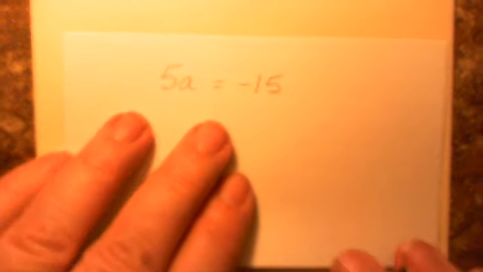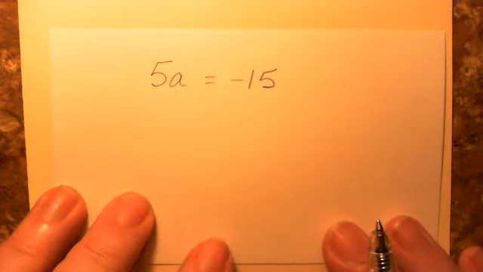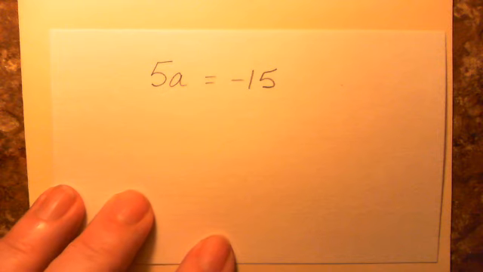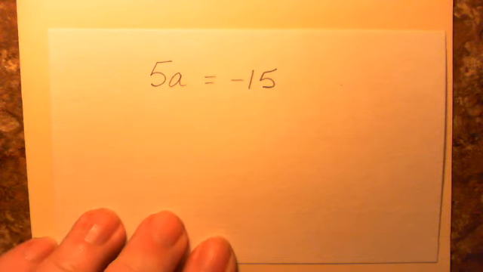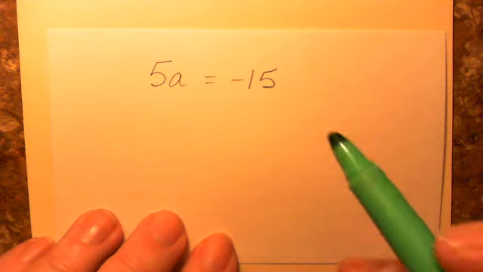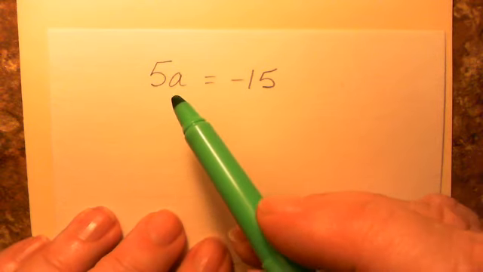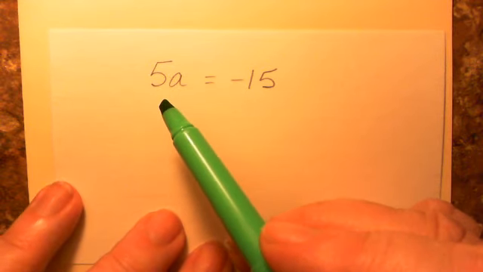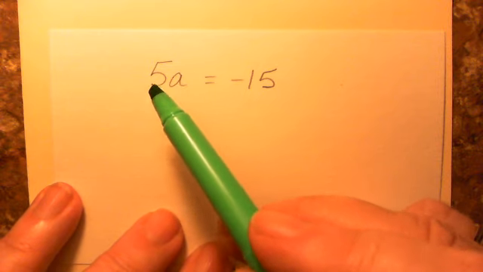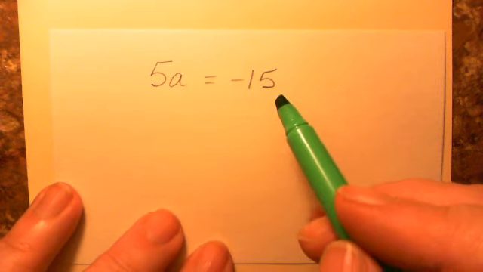Okay, let's start with 5a is equal to negative 15. So we have no fractions, no decimals, no parentheses, nothing to move around. We only need the last step, to divide, because the variable term is on one side by itself.